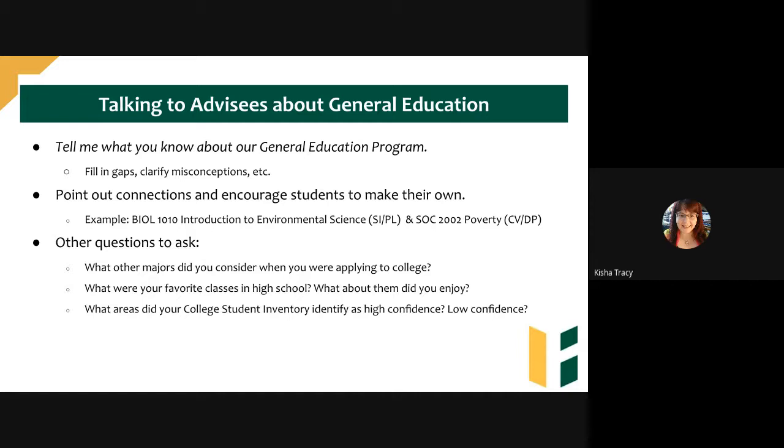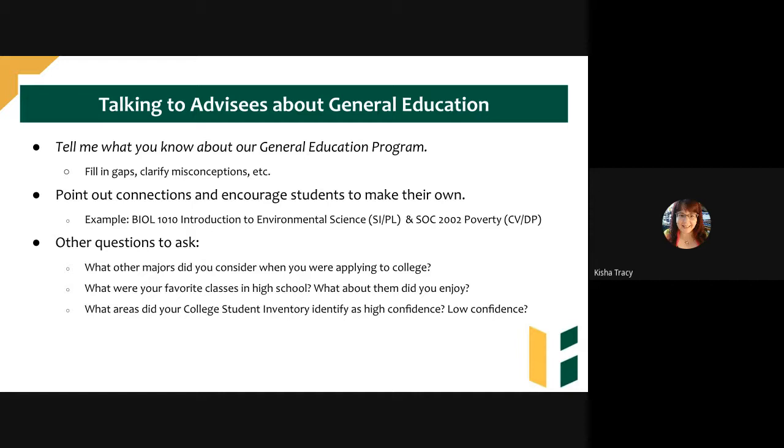This might give you some ideas of, hey, you were interested in this in the past. Why don't you try a course like this? Same with, what were your favorite classes in high school? What about them did you enjoy?